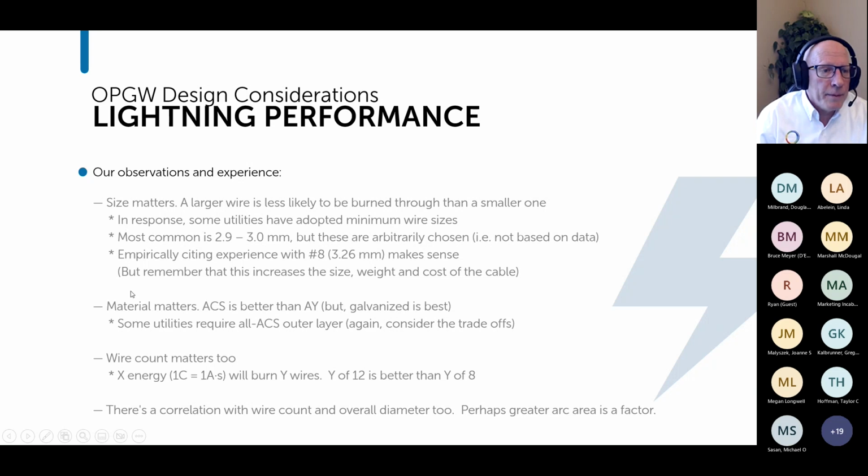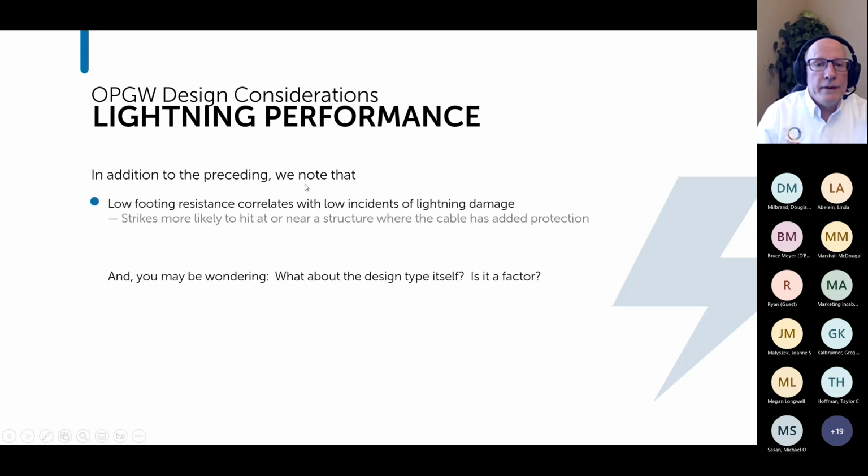We do have a separate webinar where I go into nauseating detail about all of these things. In addition, low footing resistance correlates with low incidence of lightning damage. And that's because strikes are more likely to hit at or near a structure, where the cable has added protection, when the footing resistance is low.